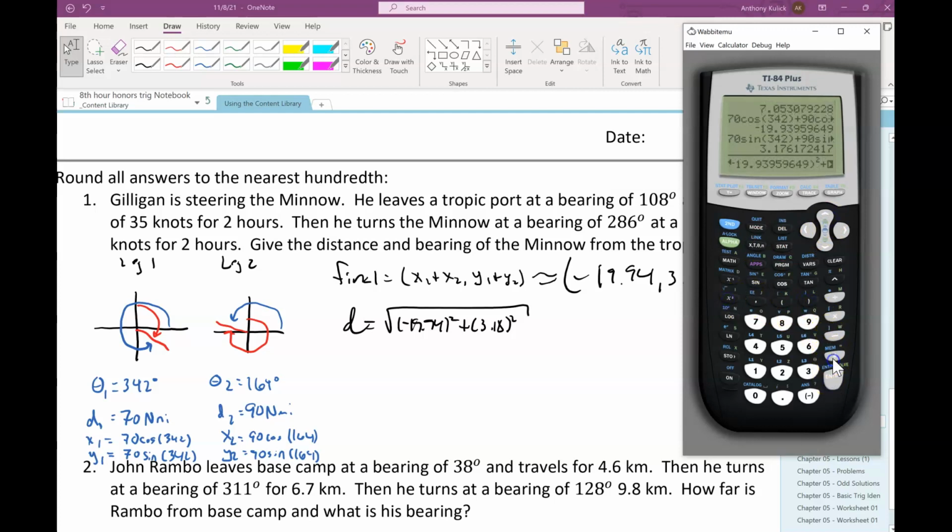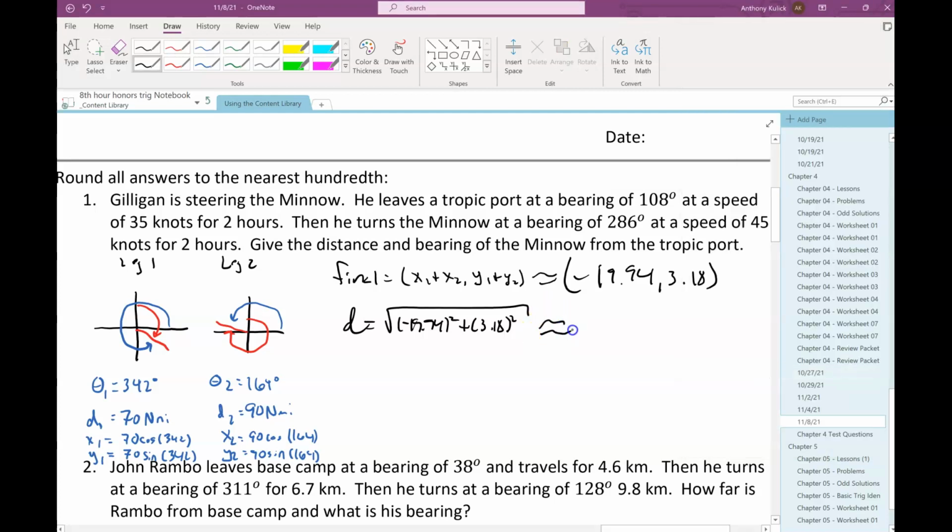Jacob, doing so far so good? Holler at me if I'm going too fast or buzzing through something you're not quite sure about. Same goes for anybody else. So that gives us a distance of 20.19. And then for the bearing, I'm going to graph that point of negative 19, 3.1 whatever.